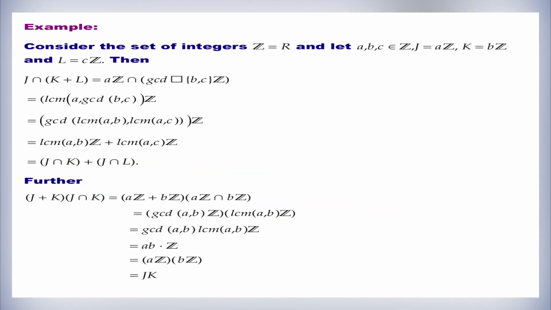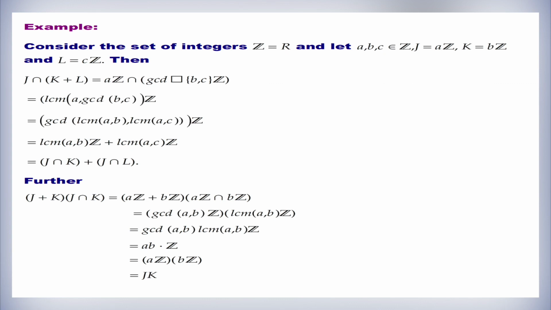One another example is, consider the set of integers Z to be equal to R and let A, B, C belong to Z. Then J is equal to AZ, K equals BZ and L equals CZ.